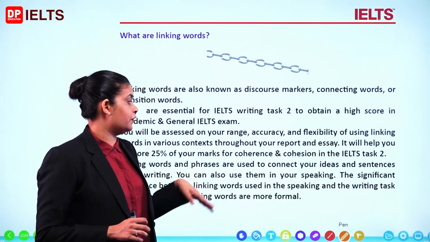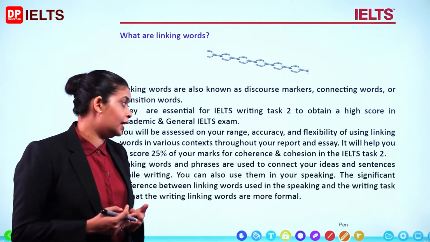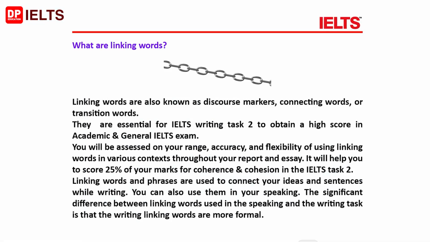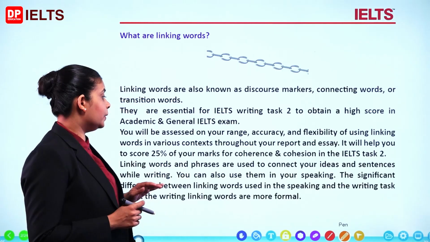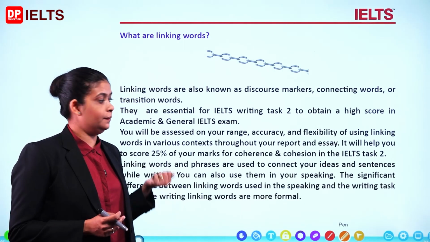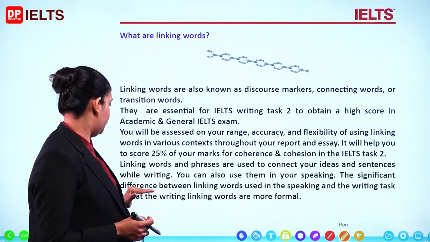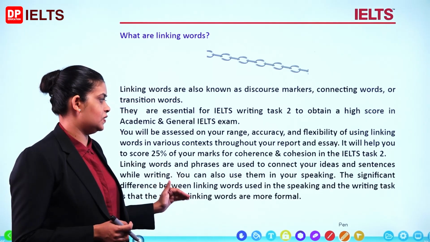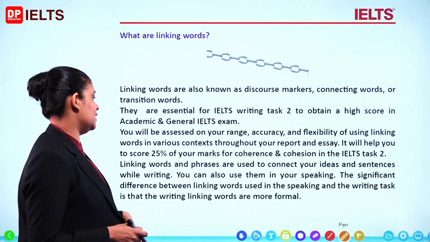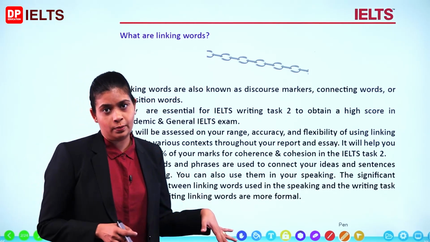Linking words and phrases are used to connect your ideas and sentences while you write. They can also help you to connect your paragraphs together, as I mentioned before. You can also use them in your speaking. The significant difference between linking words used in the speaking and writing task is that writing linking words are more formal, right?